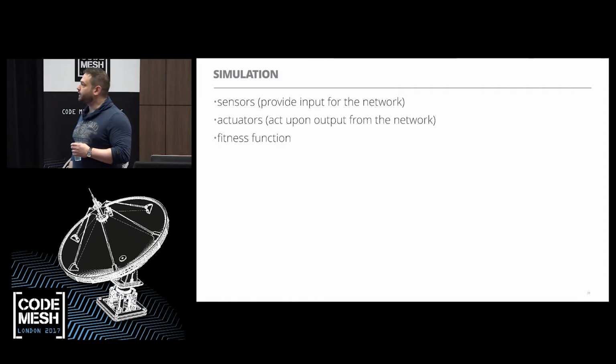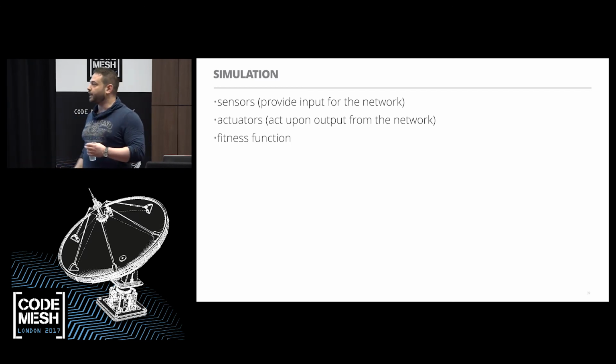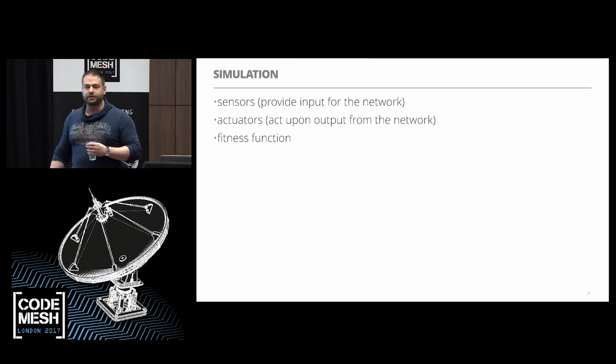Right, we need three things. We need some sensors, and sensors provide input from the simulation or the environment to the neural network. We need some actuators. Actuators take the output of the network and make some change in the environment. And then again, we need to define a fitness function to score a run of a neural network in that environment.